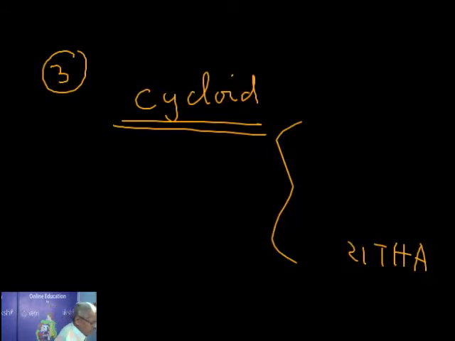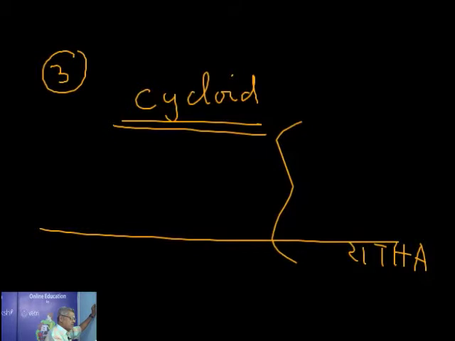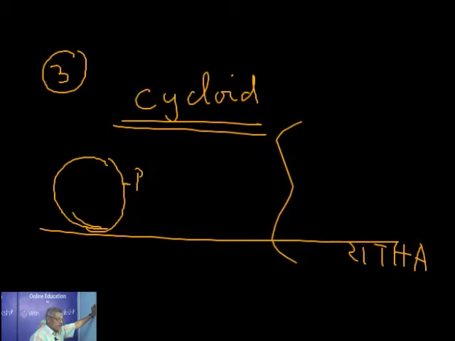Let us recollect what a cycloid is. You take a circle and take any particular point on it. You observe that point and trace the curve where the point moves. Suppose initially the point P is here. As the circle rotates, the point P will describe an arc.